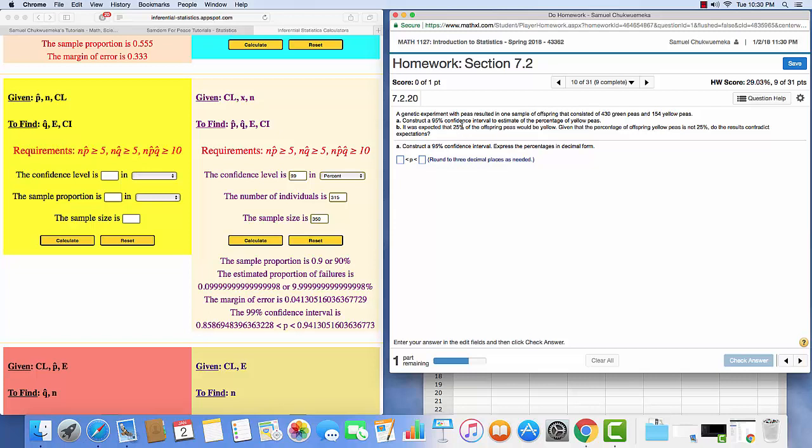Construct a 95% confidence interval to estimate the percentage of yellow peas. So we have both green peas and yellow peas, but they want us to construct a 95% confidence interval for the percentage of yellow peas.